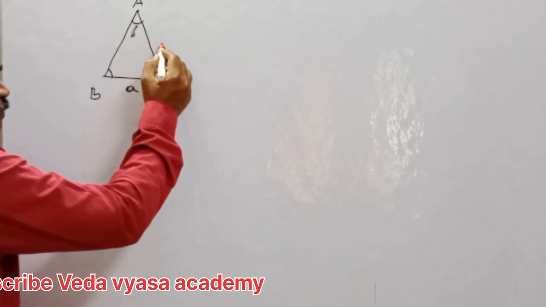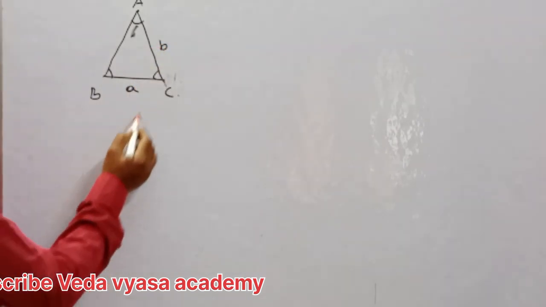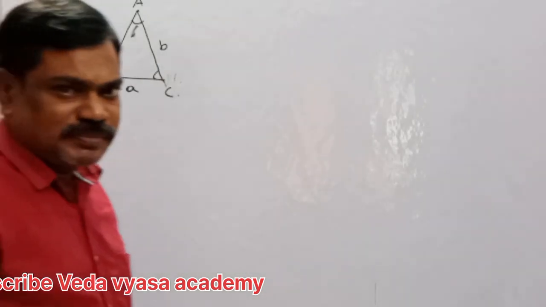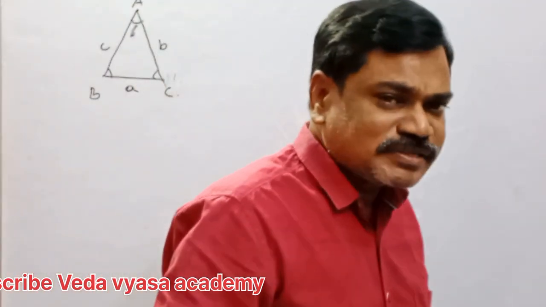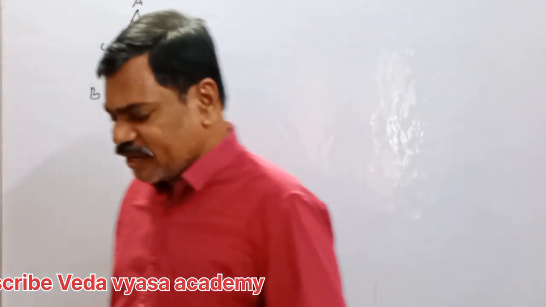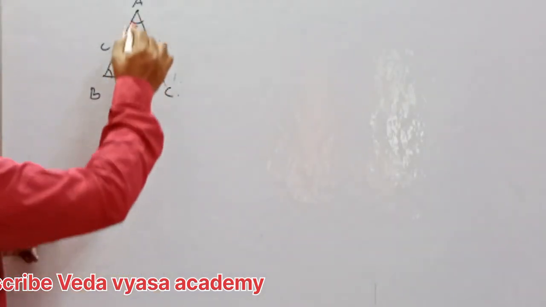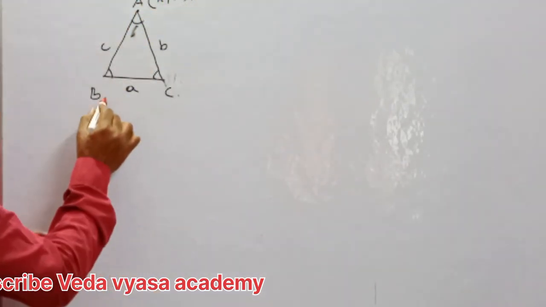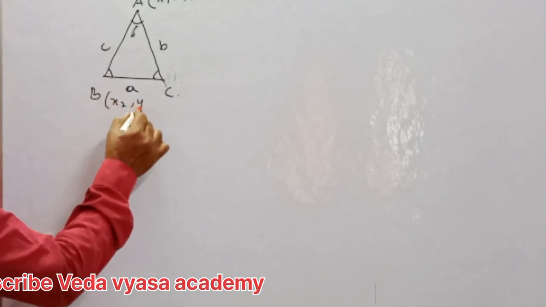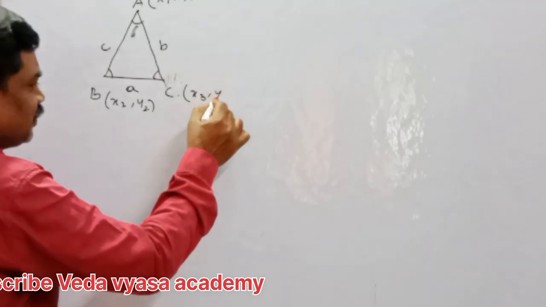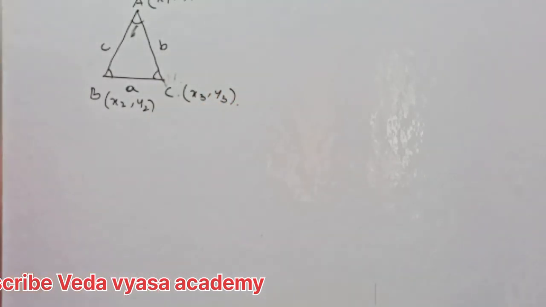Opposite to vertex B, the side is b. Opposite to vertex C, the side is small c. These are the sides represented. Here, if vertex A has coordinates x1, y1, vertex B has coordinates x2, y2, and vertex C has coordinates x3, y3.